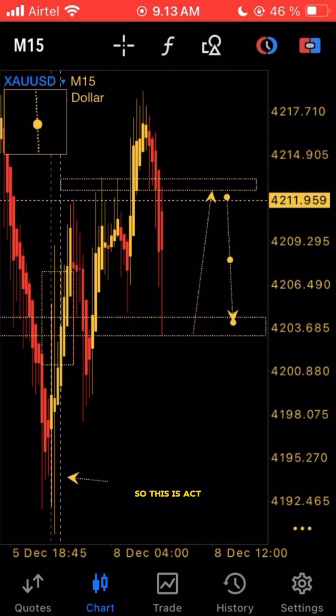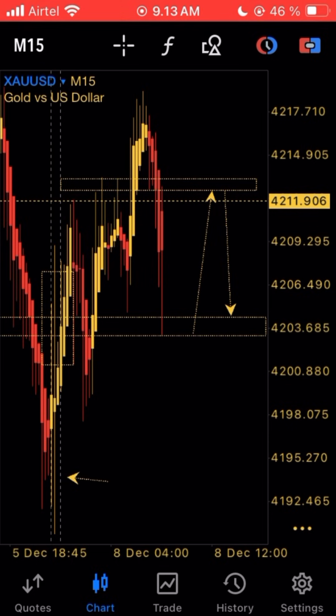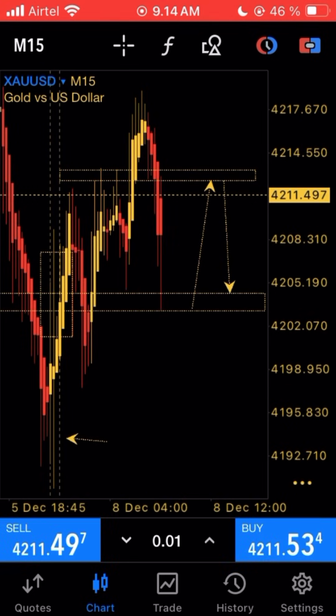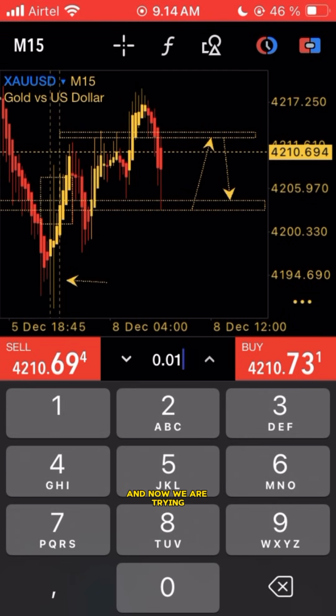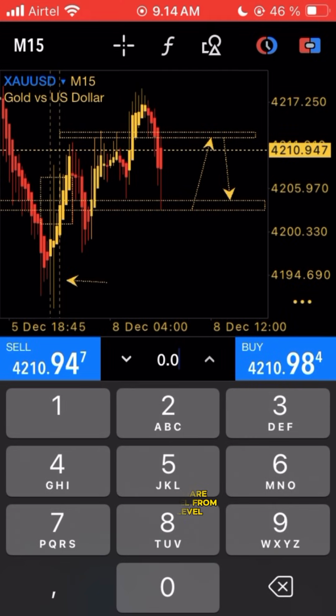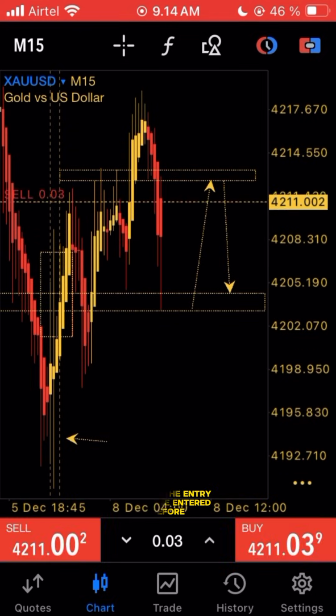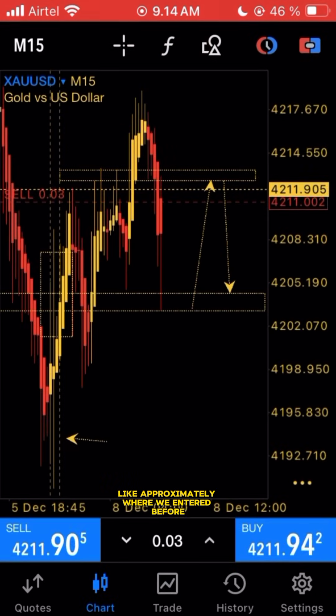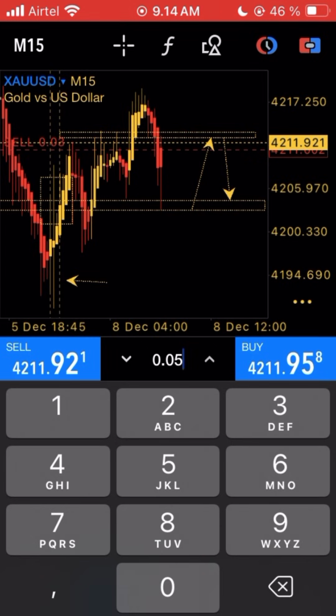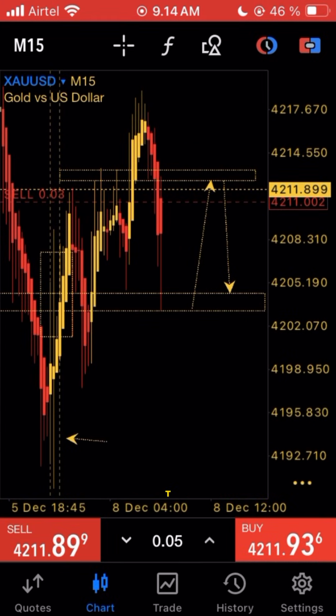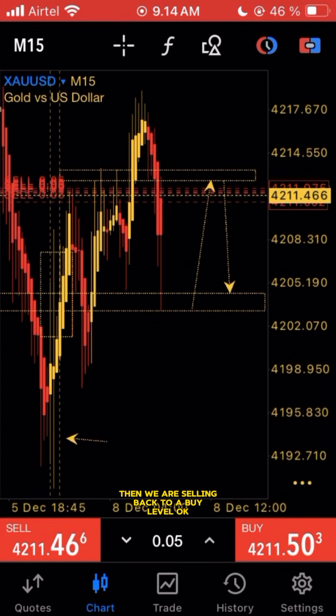So this is actually what I'm talking about. The market headed to that location, right? It smashes our TP, and now we are trying to sell from that TP level back to approximately where we entered before. After the weak rejection, we are selling back to a buy level.